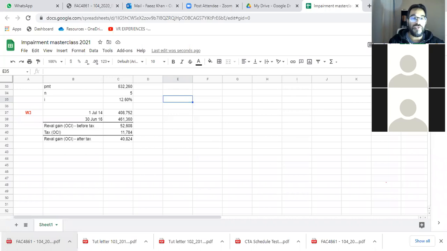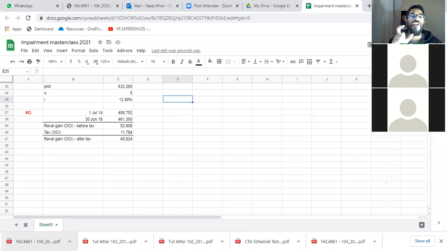But then the standard goes further in the same paragraph and says, however, if there's an asset that is revalued, you must first reduce any revaluation gain, and then any remaining impairment loss must go through profit or loss. So that is why we want to know the revaluation on this asset, so that only a portion goes through profit or loss.